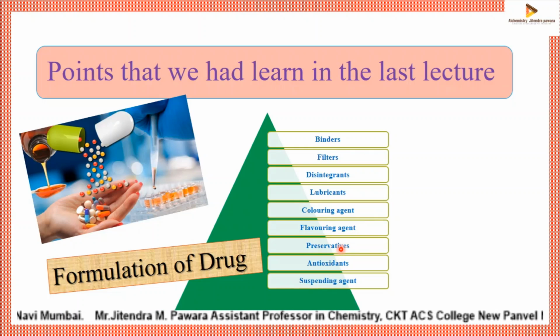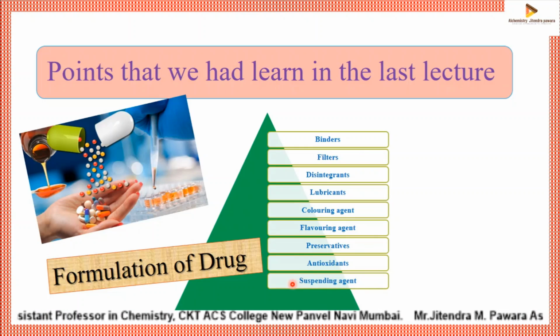They are used to arrest microbial growth and chemical degradation to produce a stable dosage form. Examples of preservatives are methyl and propyl ester of para-hydroxybenzoic acid, and sodium benzoate. Then antioxidants are used to stabilize compounds which are sensitive to oxidation. Examples of antioxidants are sodium bisulfite and vitamin C.